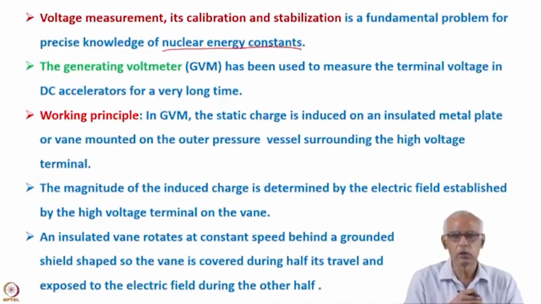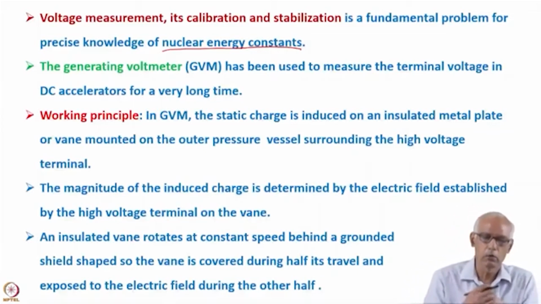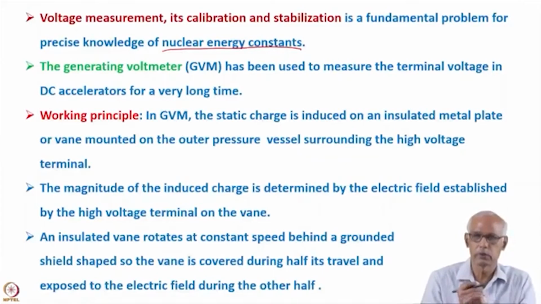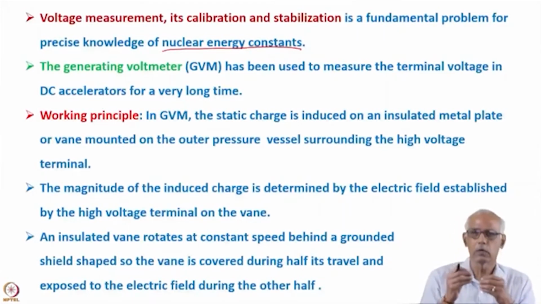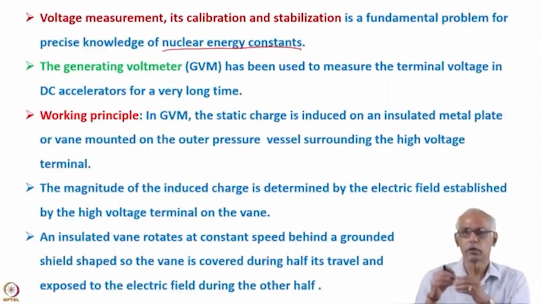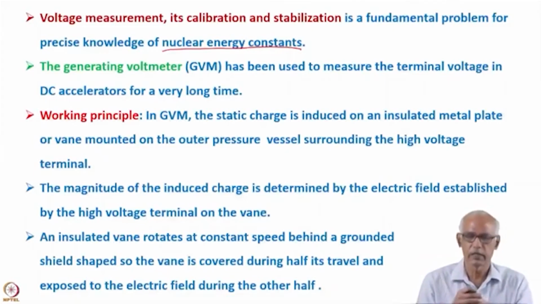But this has been used for a very long time, and even today it is used very effectively, and therefore I will give a little more detail of that GVM, how it functions, and how accurately it can be used. I would like to talk about the working principle of this GVM, because that is popular even today, although some better methods are available, like you can calculate the energy through nuclear reactions, resonances, and threshold neutron experiments and things like that.